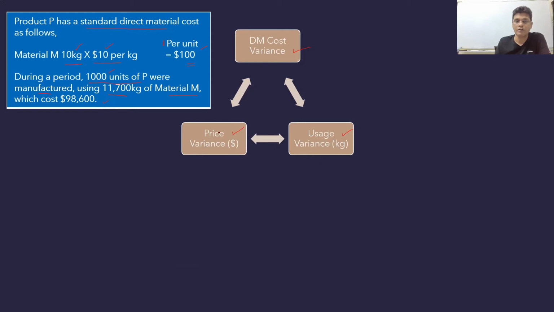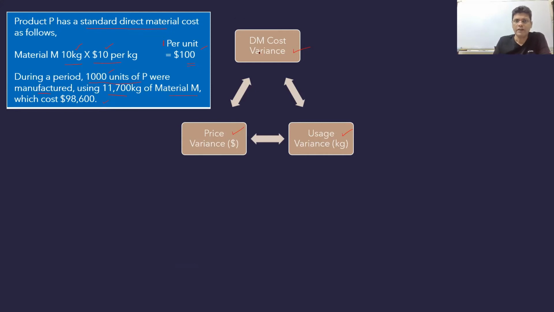This is very important. And the usage variance means the actual consumption we compare with our standard or planned consumption, and that difference has to be multiplied by the standard cost of the material. So this is what we need to identify.